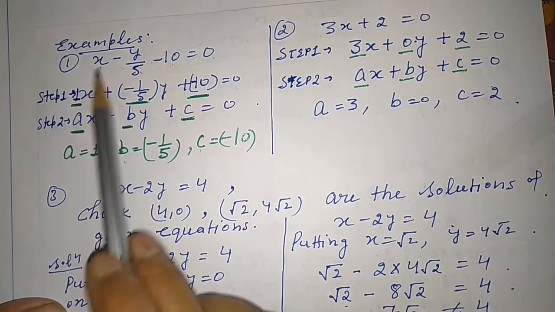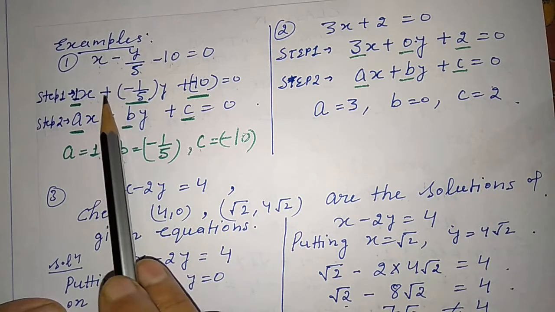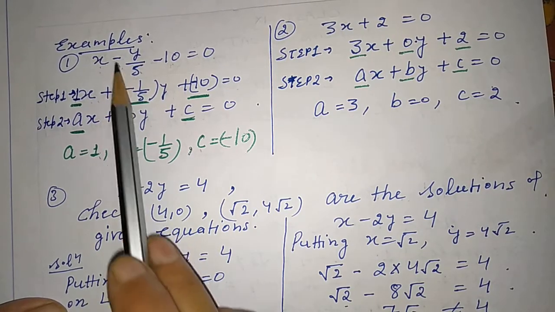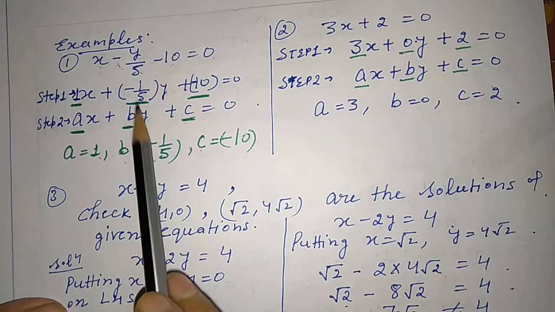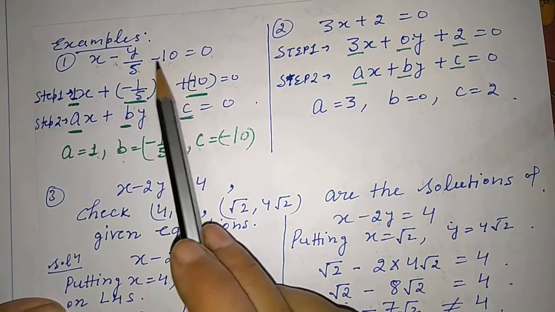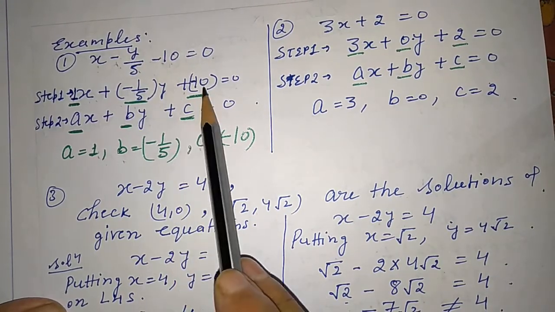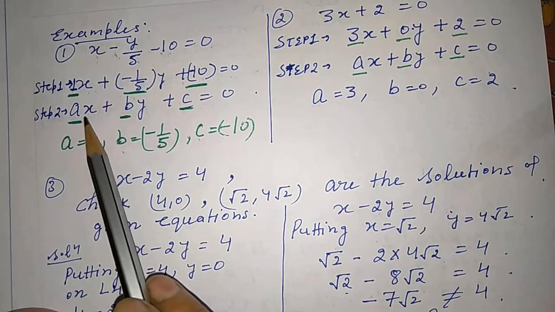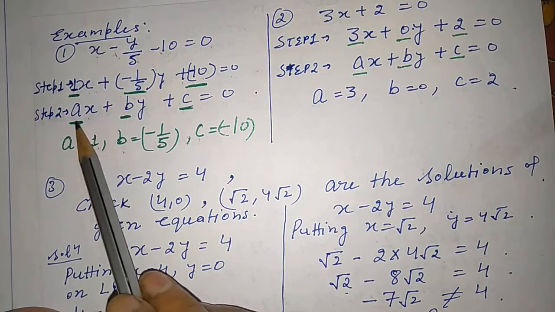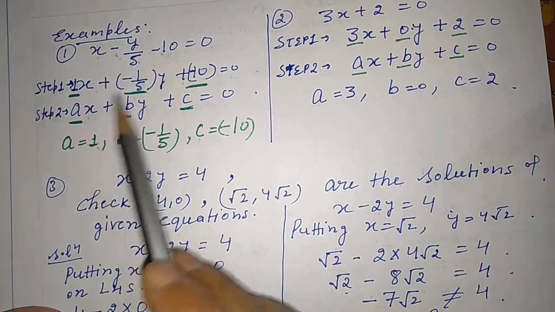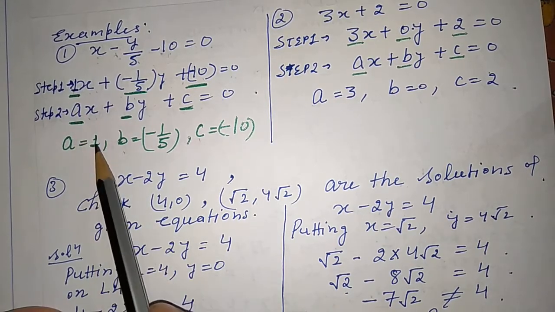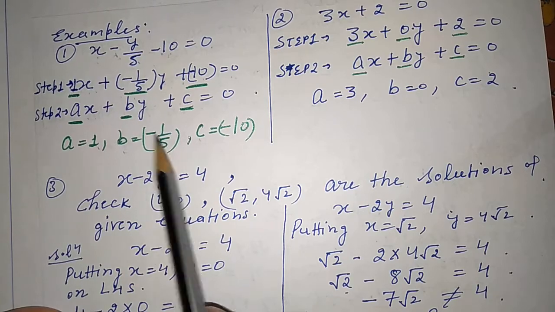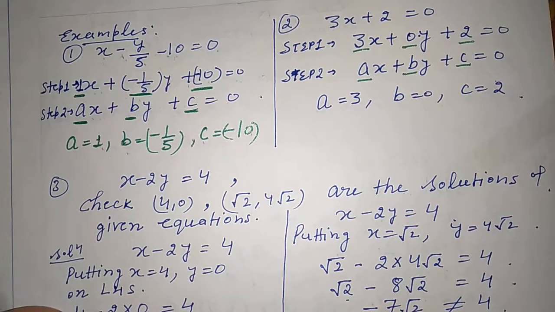First step, x, we write here plus sign, with minus sign 1 upon 5 in the bracket, into y, plus this minus 10 is equal to 0. Second step, we compare this with the general linear equation in two variables, ax plus by plus c is equal to 0. If we compare, a is equal to 1, b is equal to minus 1 upon 5, and c is equal to minus 10.